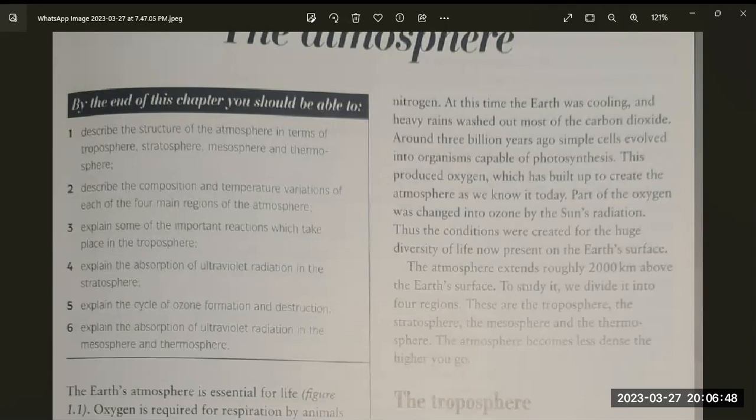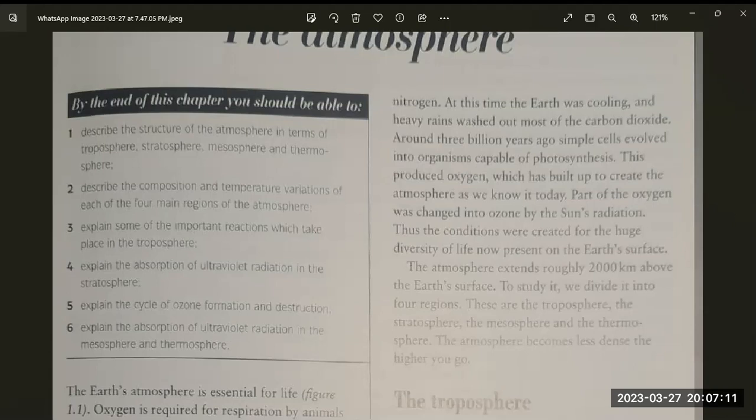Hear what this part said. Around 3 billion years ago, simple cells evolved into organisms capable of photosynthesis. This produced oxygen, which built up to create the atmosphere as we know it today. Part of the oxygen was changed into ozone by the sun's radiation. Thus, the conditions were created for a huge diversity of life now present on the Earth's surface.